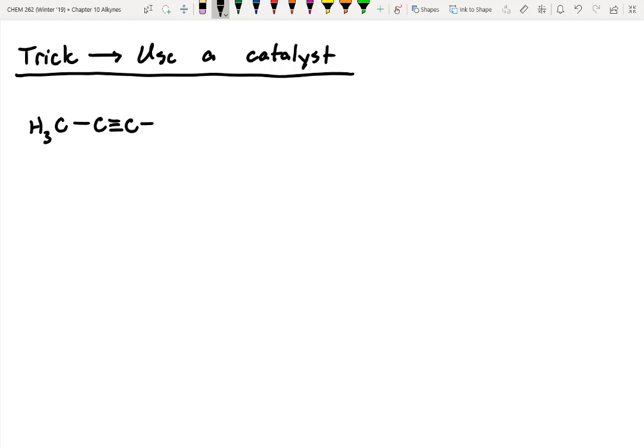But I'm going to show all of our carbons in this, and you'll see why in a second. But you still need the acid and water. Normally the acid is sulfuric acid. And you need mercury 2. However, often what you'll see in the book is mercury 2 sulfate as the catalyst.